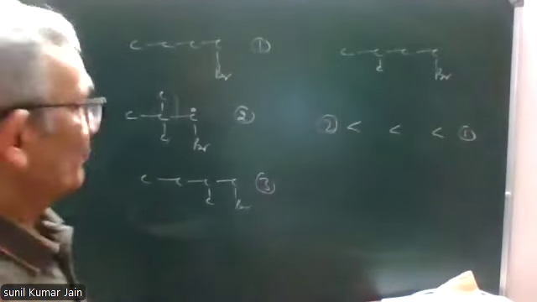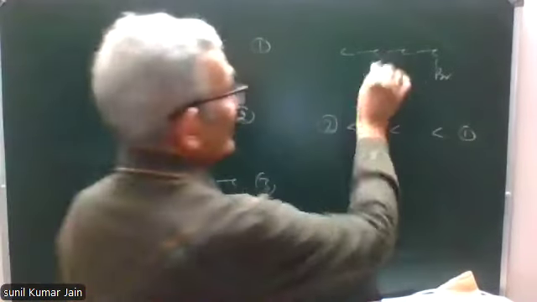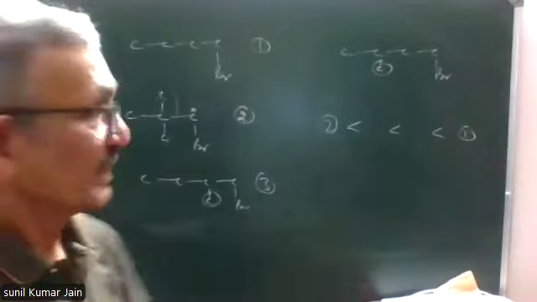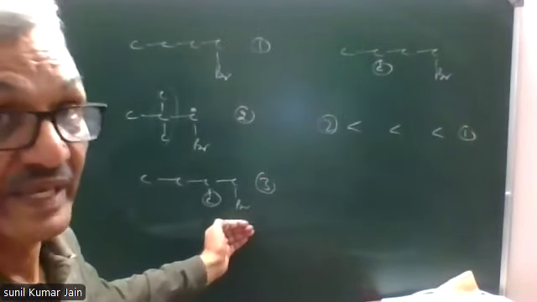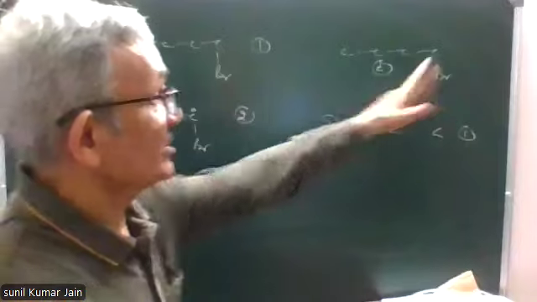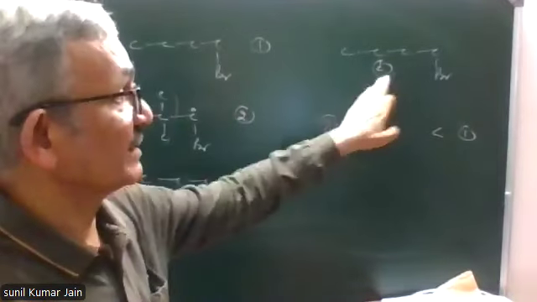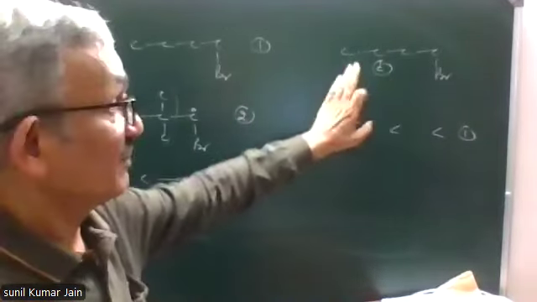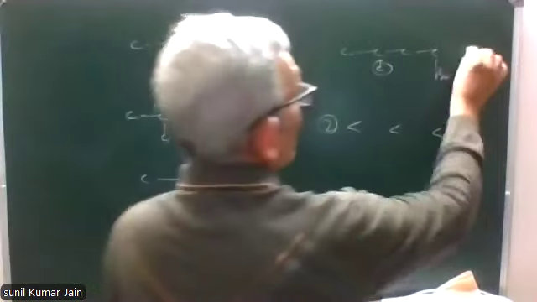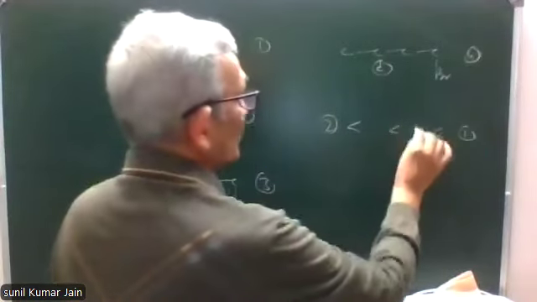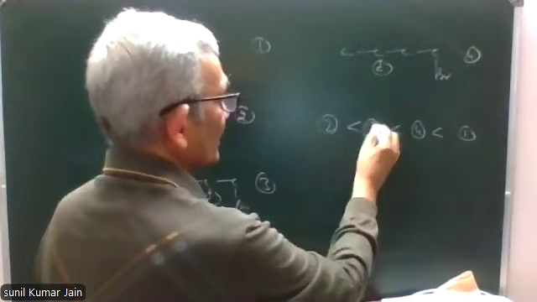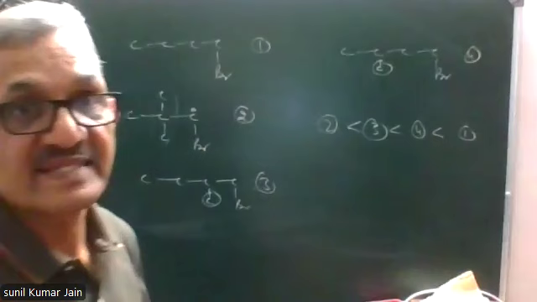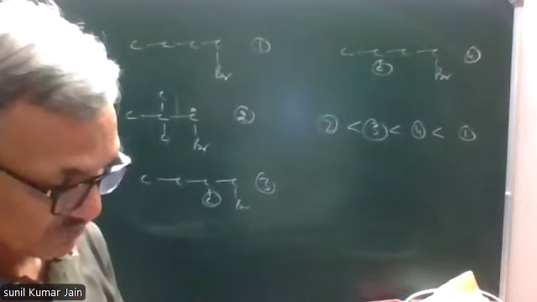Now, remaining 2. Both have one side chain. This side chain is close to alpha carbon. Therefore, hindrance will be more. This side chain is away from alpha carbon atom. Hindrance will be less. It means reactivity of compound number 4 will be more compared to compound number 3. So this is the order. This is the increasing reactivity of compounds.